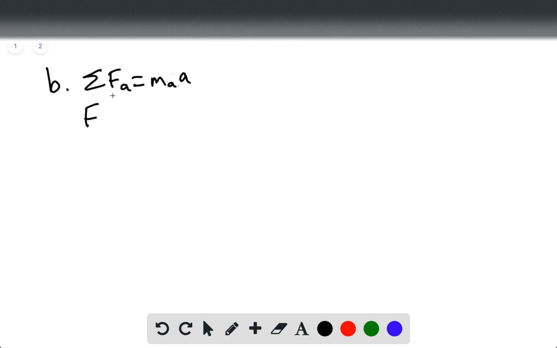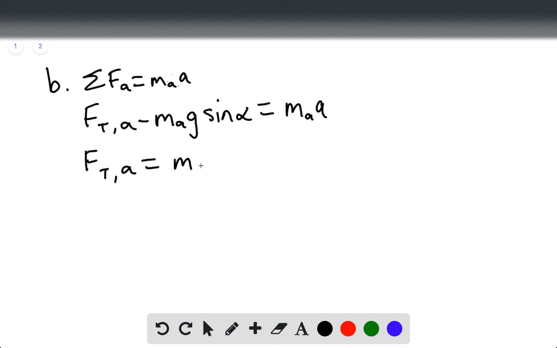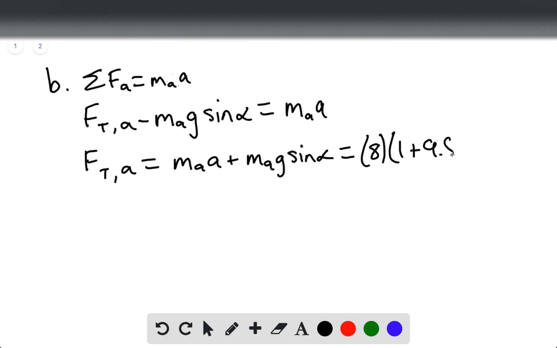The only forces for A in the x direction are F_T,A minus m_A g sine of alpha, and this is going to equal m_A a. To find the force of tension, we have F_T,A equals m_A a plus m_A g sine of alpha. And this is going to equal 8 times 1 plus 9.8 sine of 32 degrees.